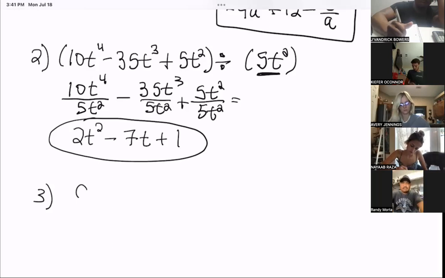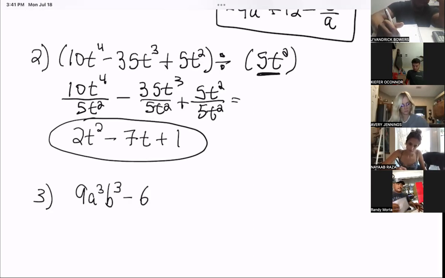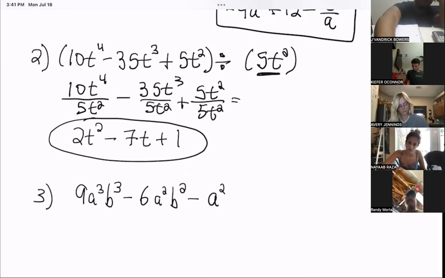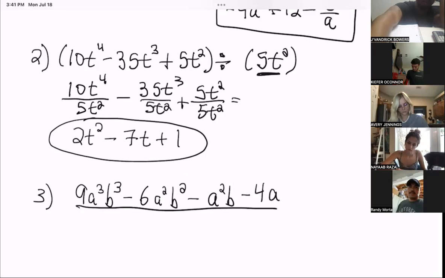So let's say we have 9a cubed b cubed minus 6a squared b squared minus a squared b minus 4a, all divided by a squared b.